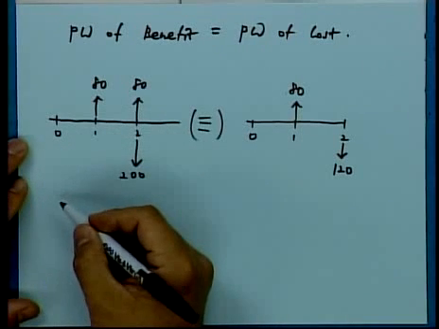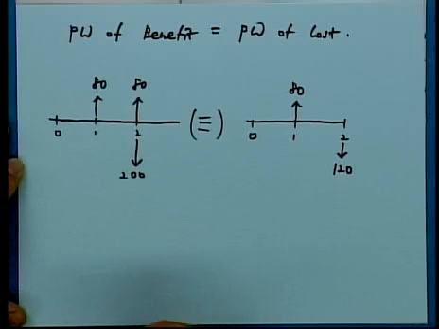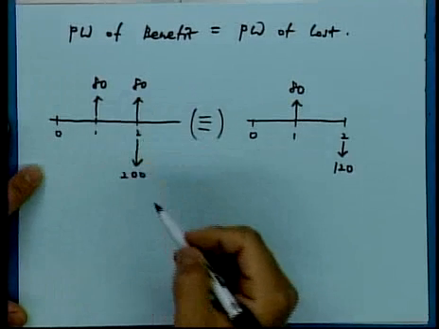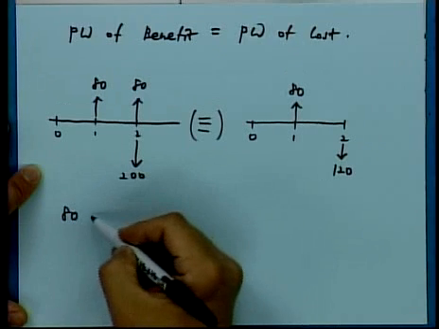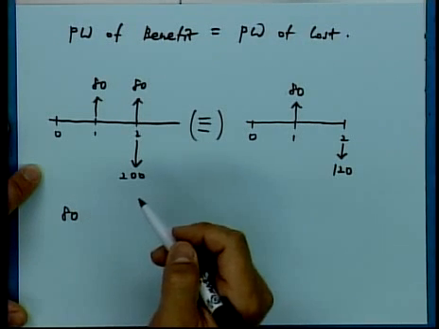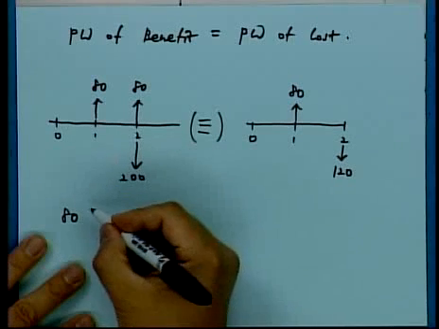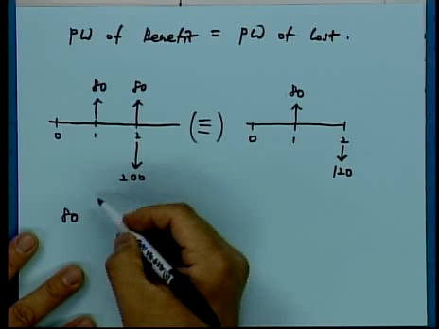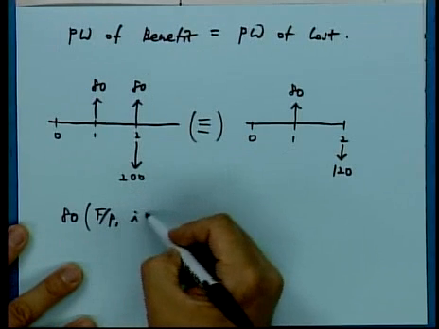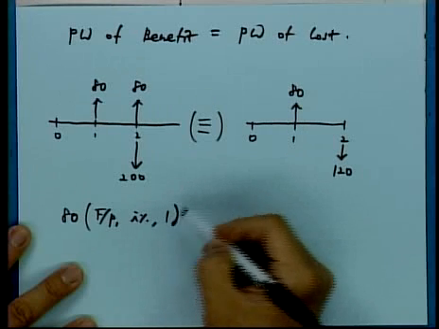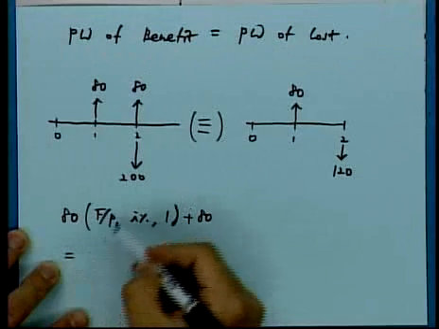So for this, the present worth of benefit would be 80 times F given P I% over 1 period plus 80, which is equal to 200.